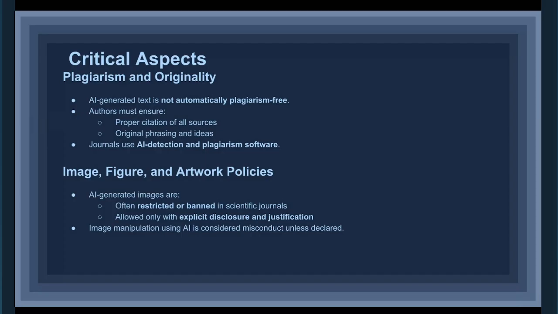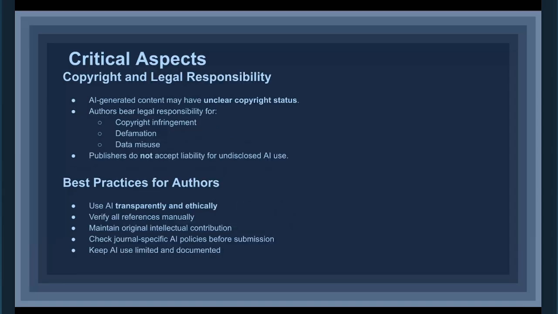Along with the plagiarism check, we should also check the AI detection. Any image or figure which is created by AI won't be accepted in any journal, book, or research paper.